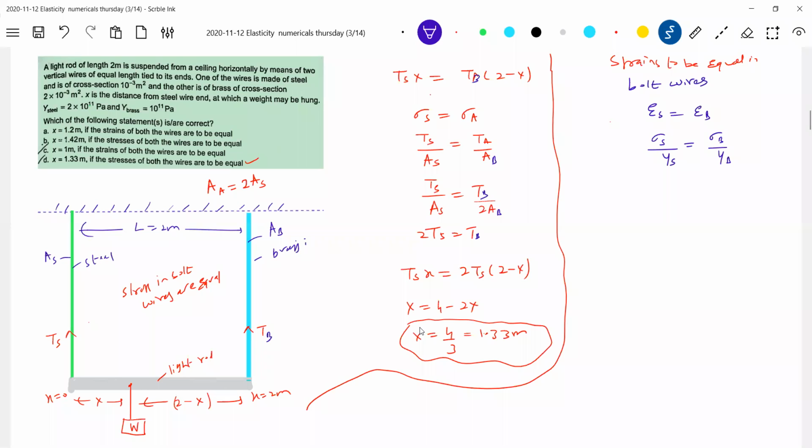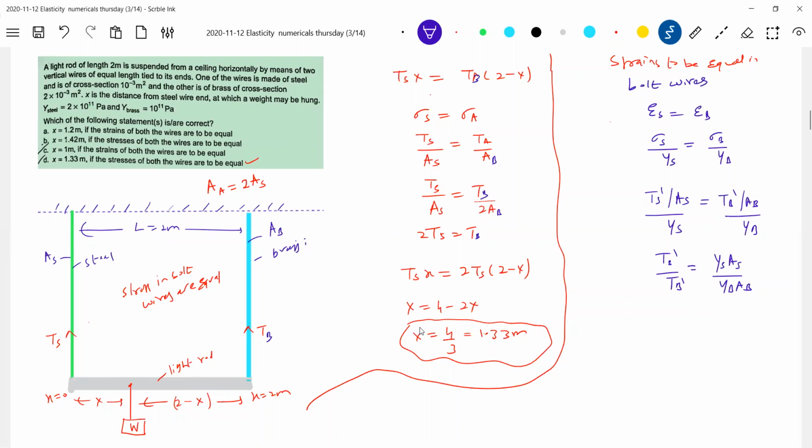Okay, now what do you mean by sigma s? Ts dash by As by Ys is equal to Tb dash by Ab by Yb. So Ts dash by Tb dash should be equal to Ys As by Yb Ab.